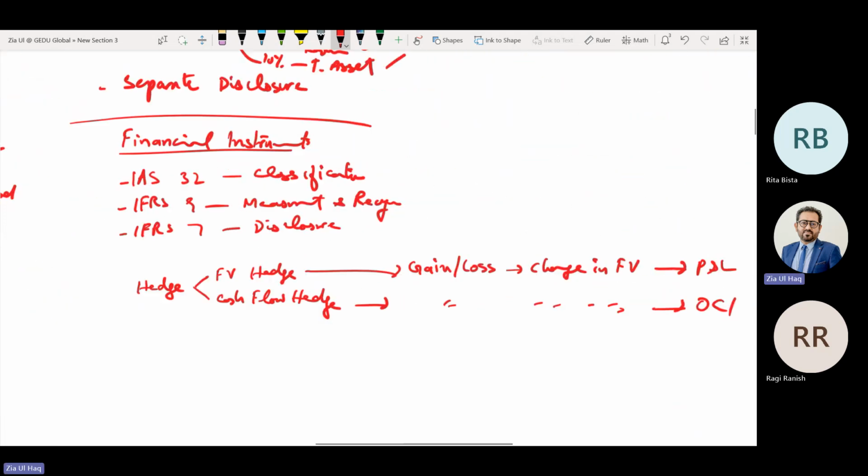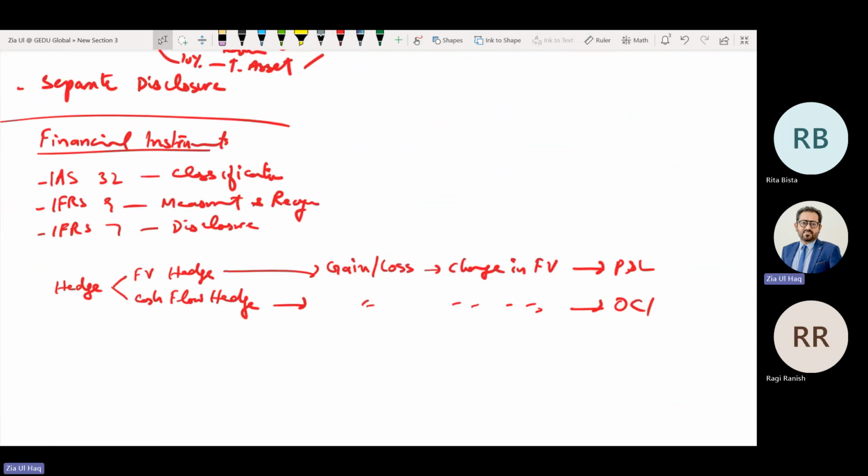Change in fair value gain loss relating to fair value hedge should be charged to P&L, while change in fair value gain loss relating to cash flow hedge should be charged to OCI. If company is not accounting as per above criteria, financial statement could be manipulated. Can we discuss this?